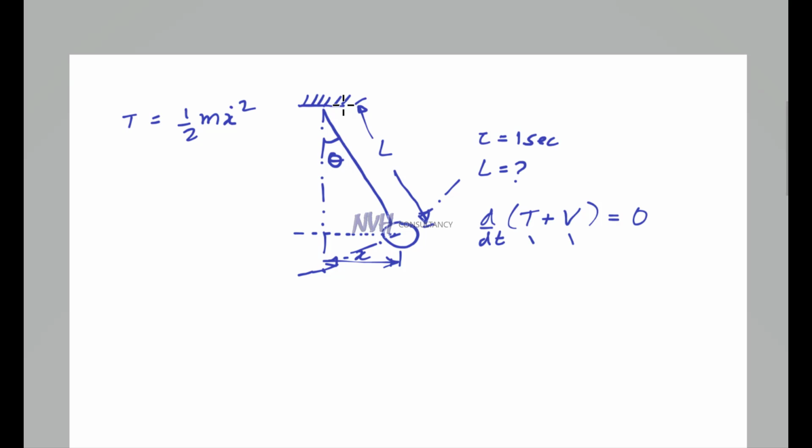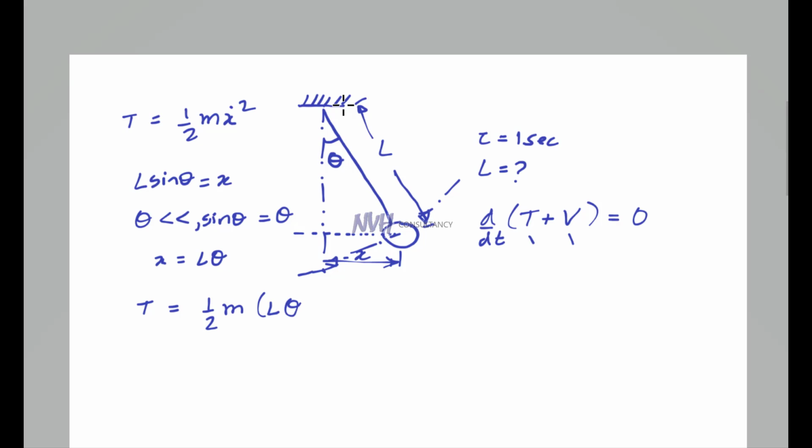So L sine theta is equal to x, but for theta which is very small, sine theta can be written as just theta. So then x will be equal to L theta. The kinetic energy is then written as T equals half m L theta dot square.